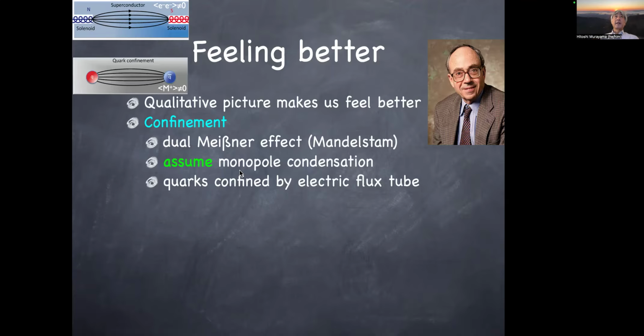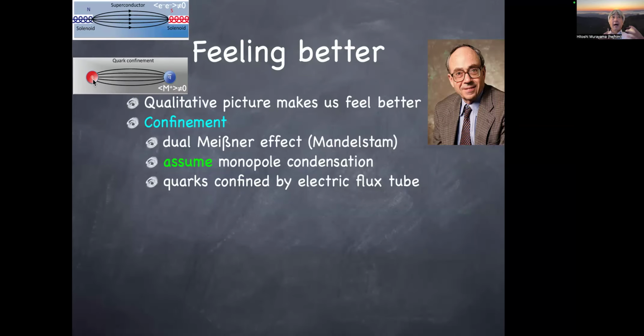So what Stanley suggested is to switch electric and magnetic in this picture. So in the usual superconductor, what we know is that the Cooper pair of electrons is what condenses to make the system superconducting. And the electron, of course, is an electric object. So when an electric object condenses, it squeezes the magnetic field into flux tubes. Then if you switch electric and magnetic, if you have a system where a magnetic object is condensed, such as magnetic monopoles, then the electric field would be squeezed into flux tubes and produce a linear potential between two electrical sources.